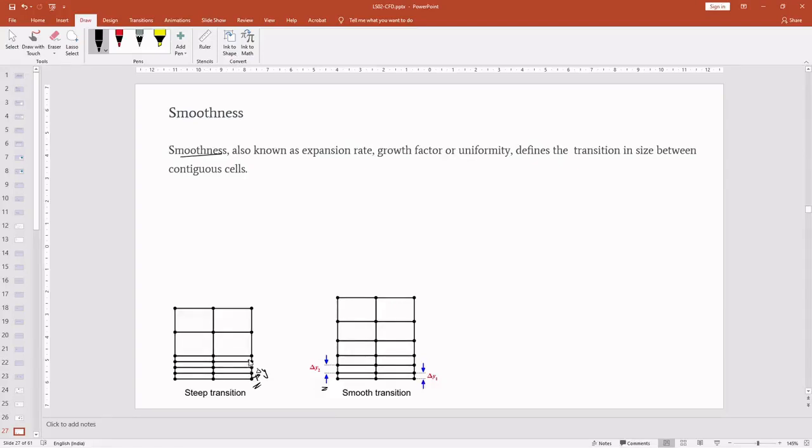But suddenly after that, it abruptly changes to some higher value. So the first four layers have one particular value, and the other two have entirely different values. This is called a steep transition.